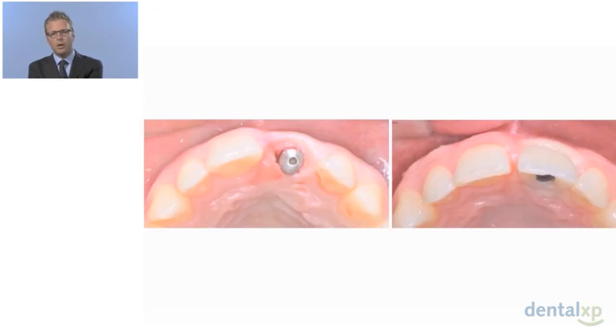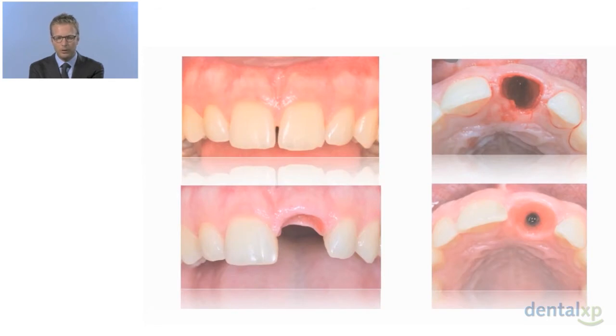After 5 months, we are ready to do a second stage surgery. We deliver a provisional restoration, and this is the type of healing I would like to see after 3 or 4 months of tissue conditioning with the provisional.